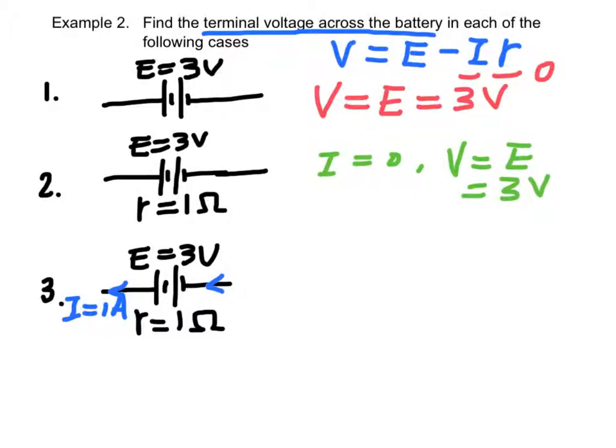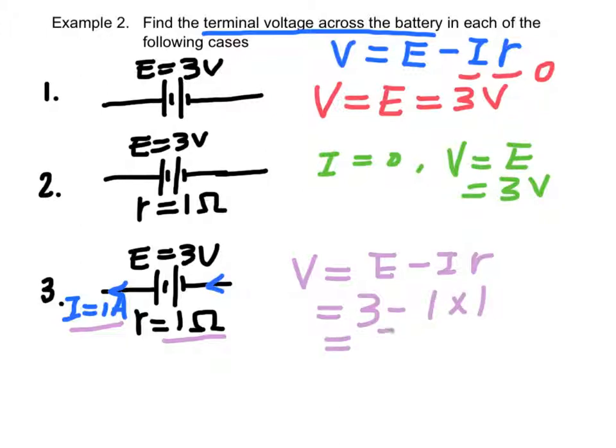For case 3, since I is 1 amp and internal resistance is 1 ohm, therefore terminal voltage across the battery equal to E minus Ir equal to 3 minus 1 times 1, which is equal to 2 volts. Notice that when there is a current drawn from the battery, the terminal voltage across the battery should be smaller than the EMF of the battery.